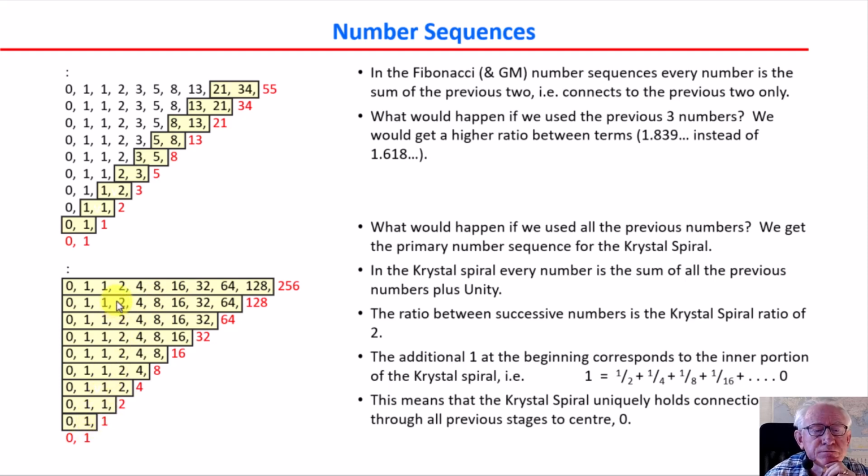Now, this isn't possible with the Fibonacci number sequence, which is based on the golden mean ratio. In this case, every number just connects to and encompasses the prior two only. So there isn't the same degree of connection all the way back to source. And because of this, it isn't as easy for lower levels in this structure to align with sub-levels in a higher structure.